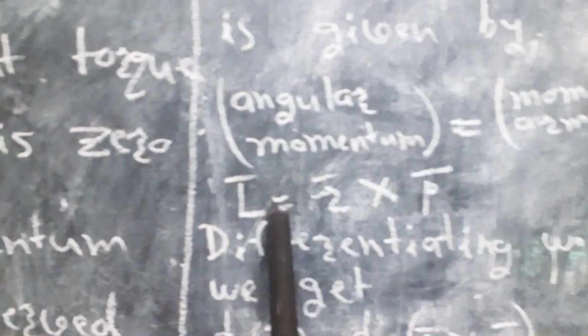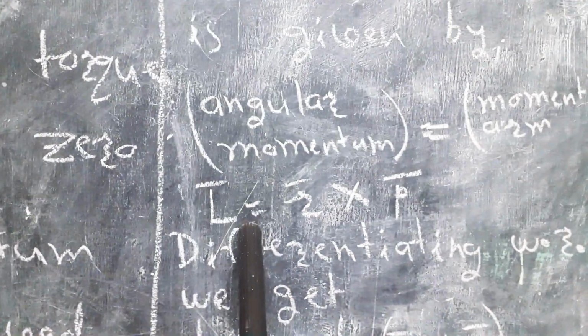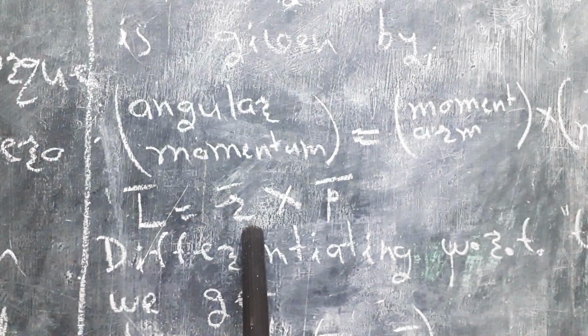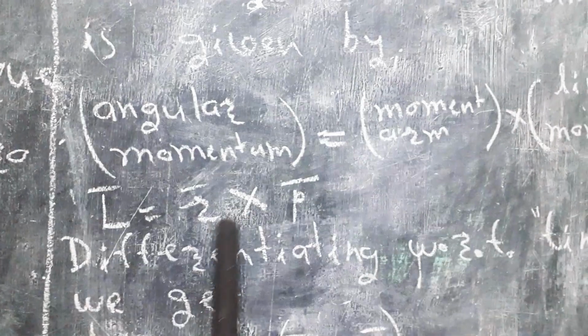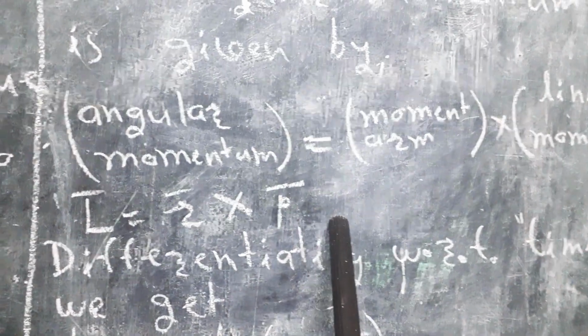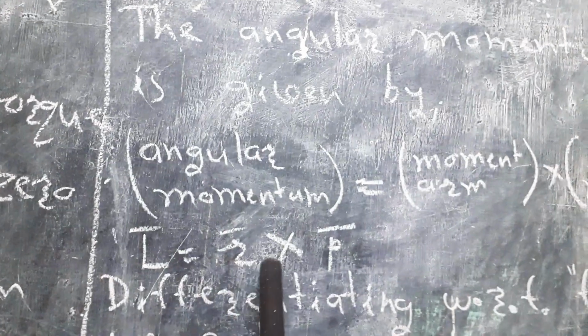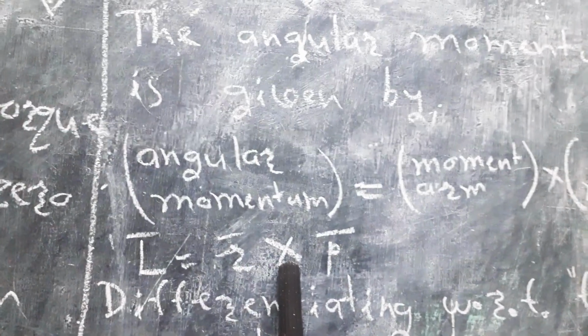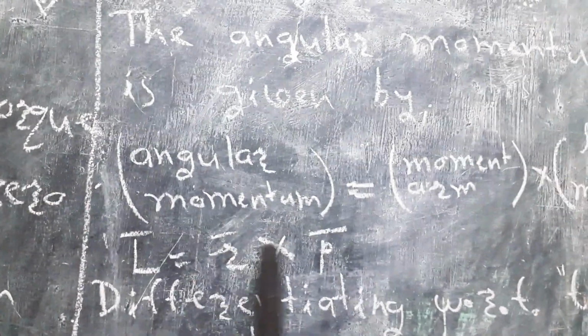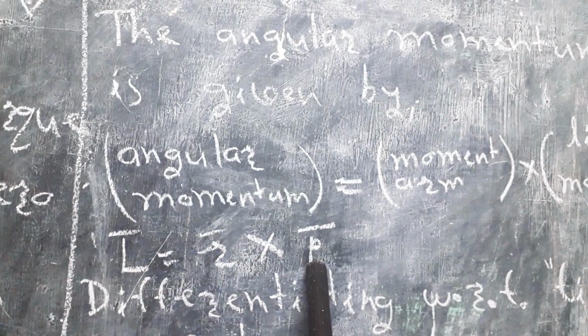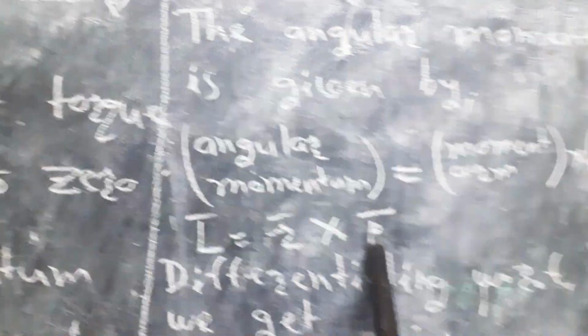In symbols, angular momentum capital L is equal to r bar cross p bar. So angular momentum is expressed in terms of the cross product or vector product of distance or moment arm and linear momentum.